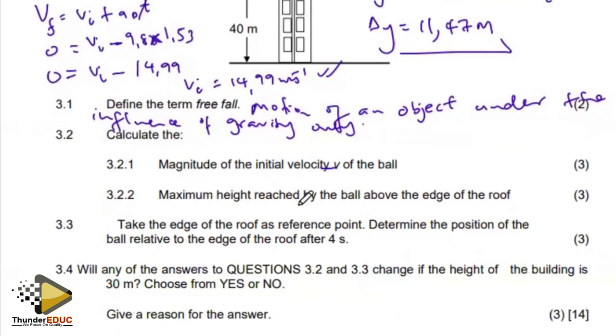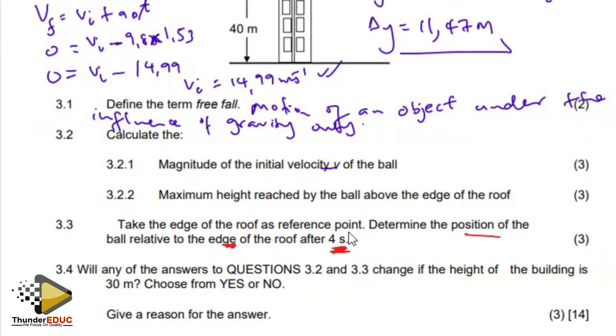Then 3.3, can we take the edge of the roof as the reference point? We need to determine the position of the ball relative to the edge of the roof after 4 seconds. So from this point of projection, if this is our 0 line, that's what it means to take it as a reference point.